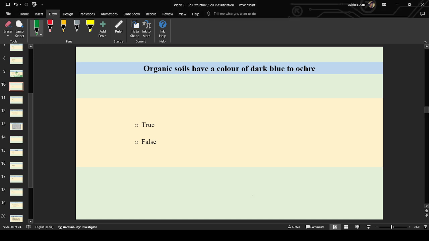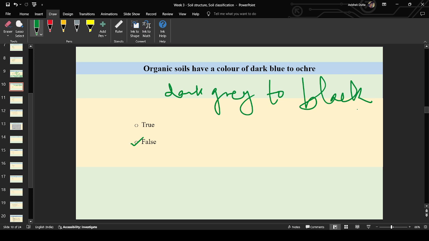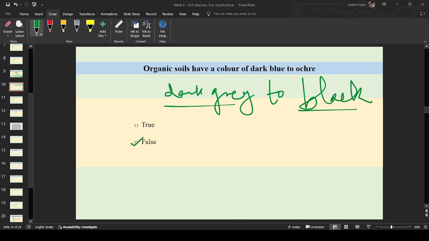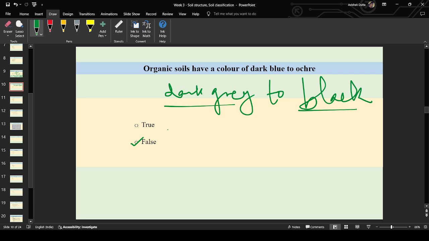It is false, because the color of organic soil varies from dark grey to black. Sometimes it can be dark brown also, but generally dark grey to black. So this is false. Organic soil has a color of dark grey to black.